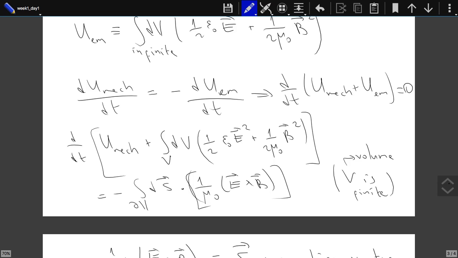In that case, it would tell me that there is some kind of non-conservation. Because if a quantity is conserved, the total amount within some volume, its rate of change, should always be equal to the surface integral. If there is no such surface integral, then there is no conservation. It's not conserved.